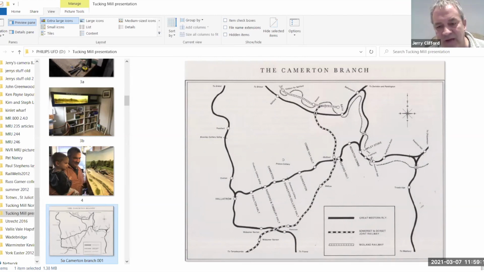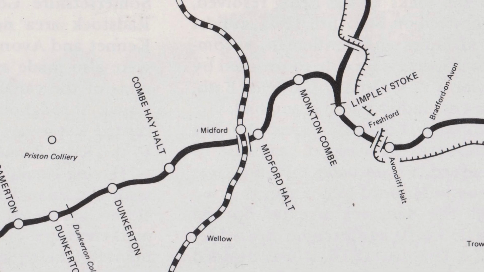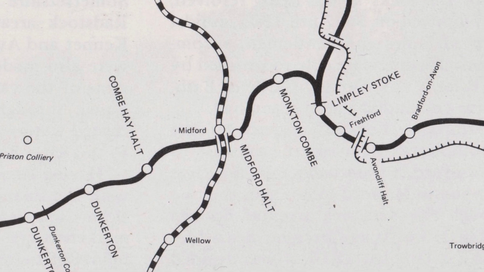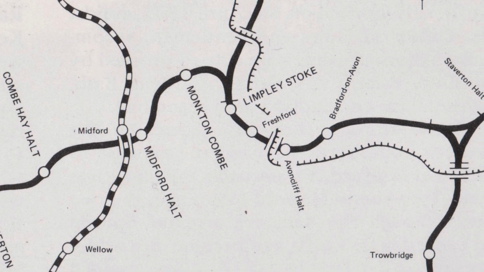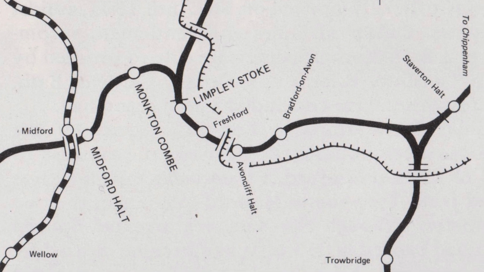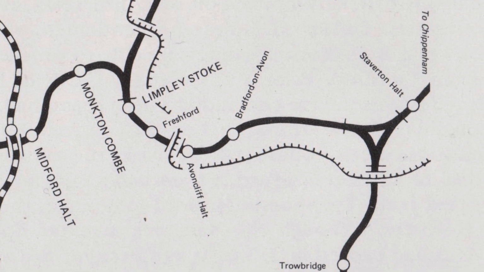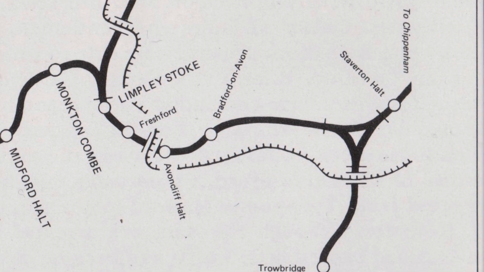The only difference I have is that in the original scheme, the line terminated just beyond Midford at Tucking Mill, just where my cursor is here. What the Great Western did, of course, is they took it on the other side of the valley and it ran through Monkton Combe, which was Titfield in the film, and came onto the line here at Limpley Stoke.